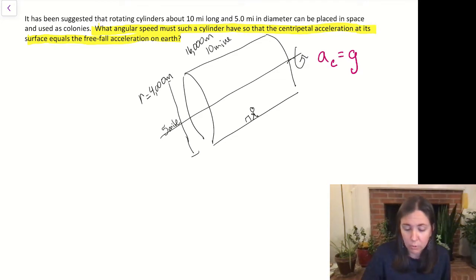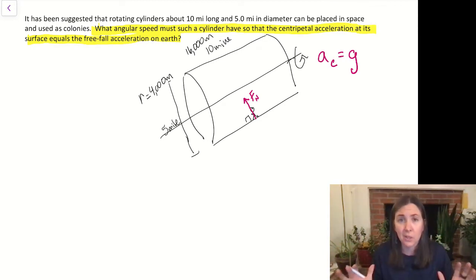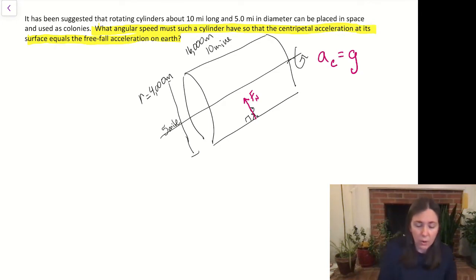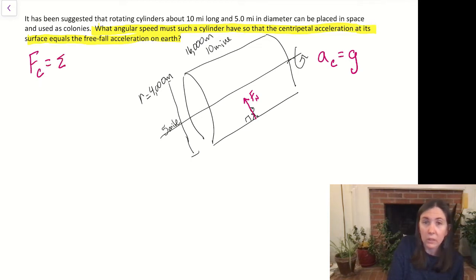So the only force this person will feel is a normal force pointed towards the center of the cylinder. Friction if he's walking around, but if he's stationary, really just a normal force. So my centripetal force is the sum of all my radial forces, which in this case is just my normal force.